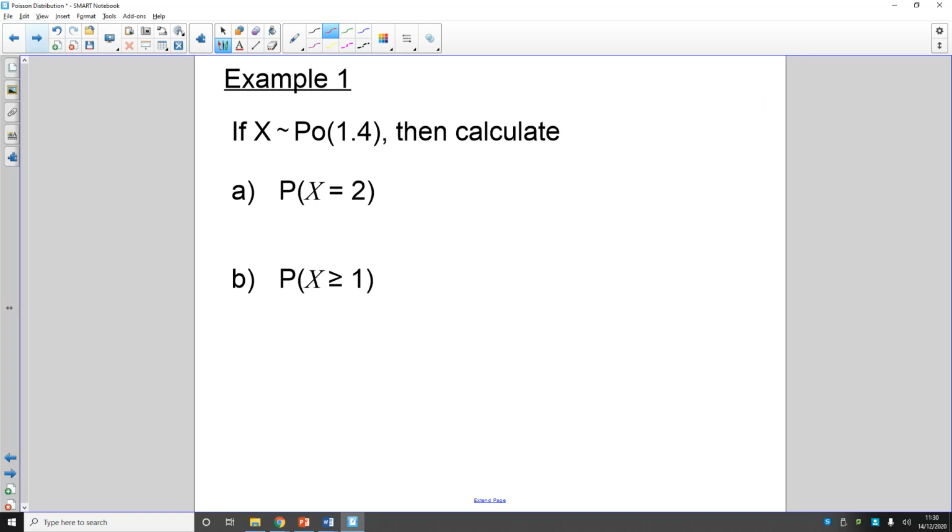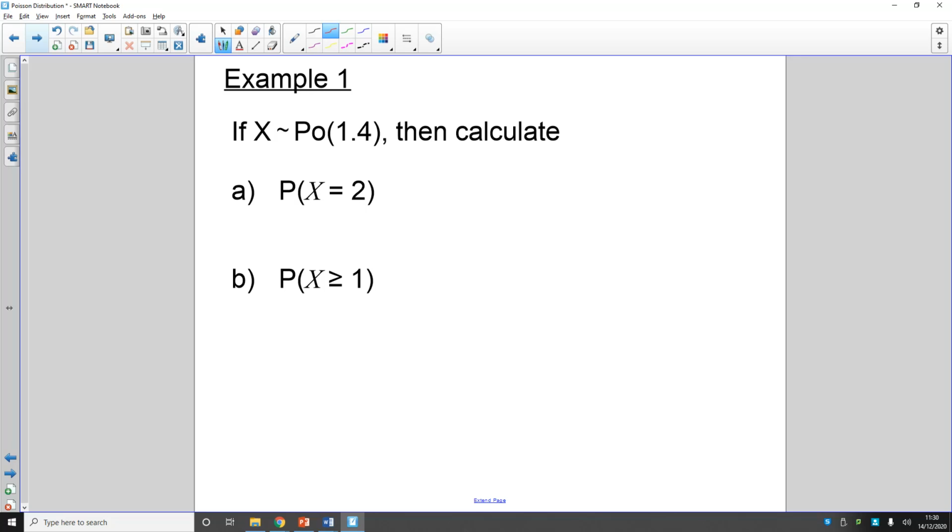Okay, how does that look in practice then? Well, if a random variable X follows a Poisson distribution with lambda equal to 1.4, then we are able to calculate some probabilities from it. On part A here, how do we calculate the probability that exactly 2 events occurred?